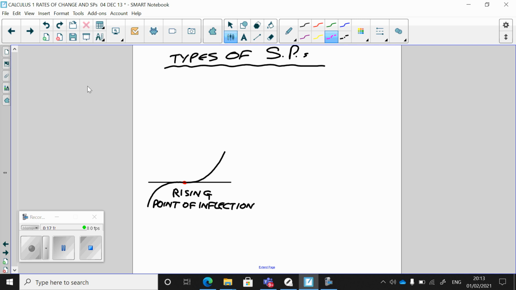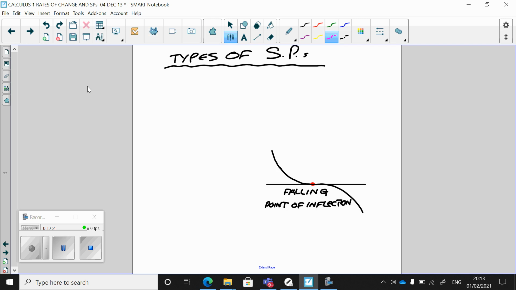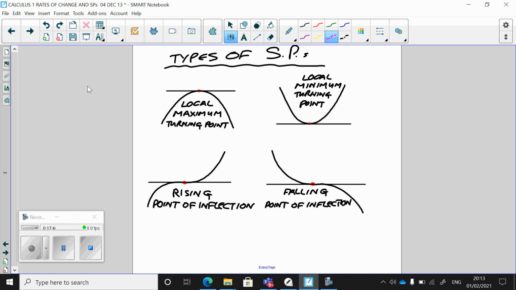But at a certain distinct point, it looks as if it's horizontal. And its partner in crime, it's just coming down the other way. It does likewise, so it comes down from the top left, kind of levels off, so it is horizontal at a certain point before it starts going down again. So we get 4 types of scenario here where stationary points exist.